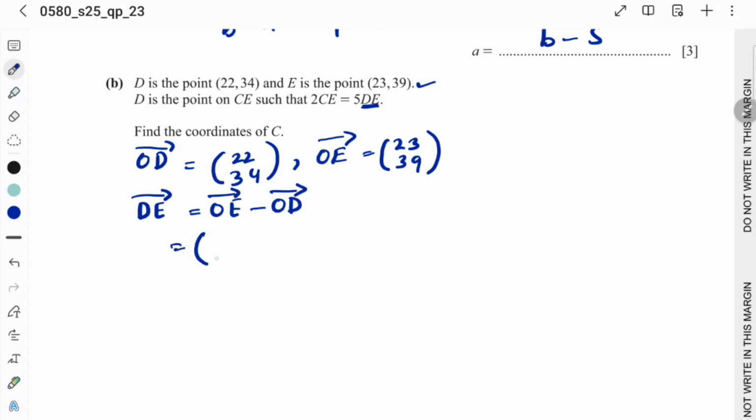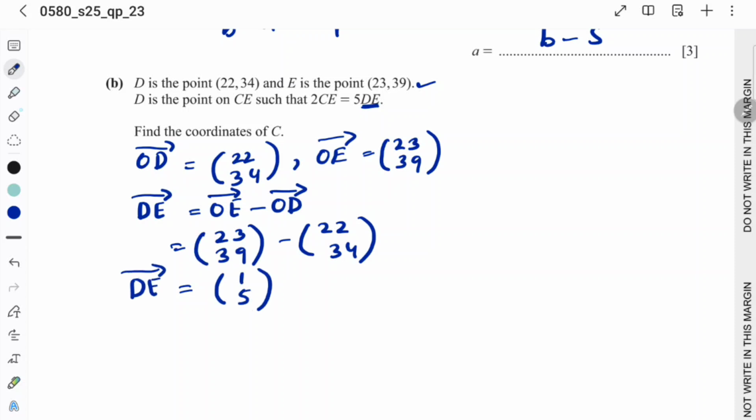Then it will become (23, 39) minus (22, 34). 23 and 22, the difference is one. 39 and 34, the difference is 5. So we got DE here. Now we have to look for CE.